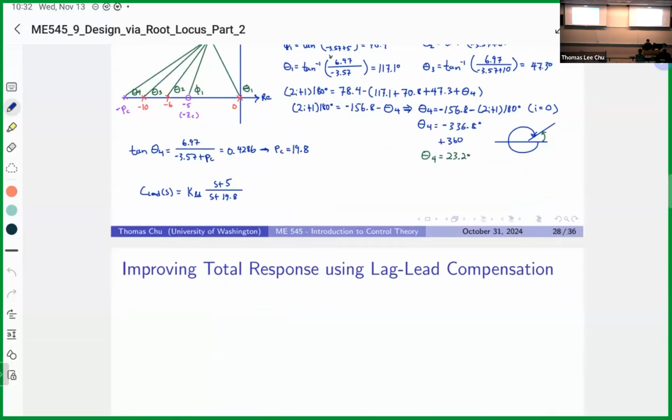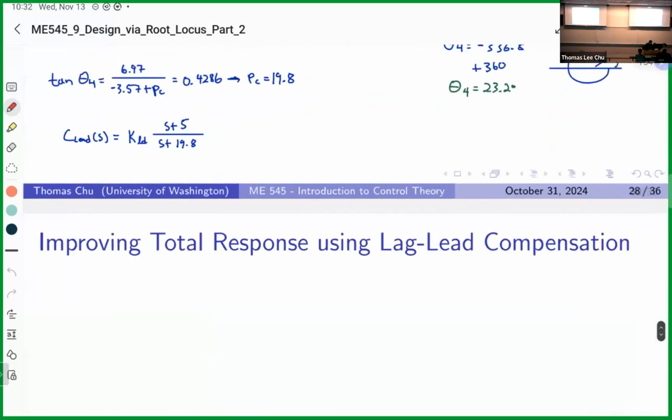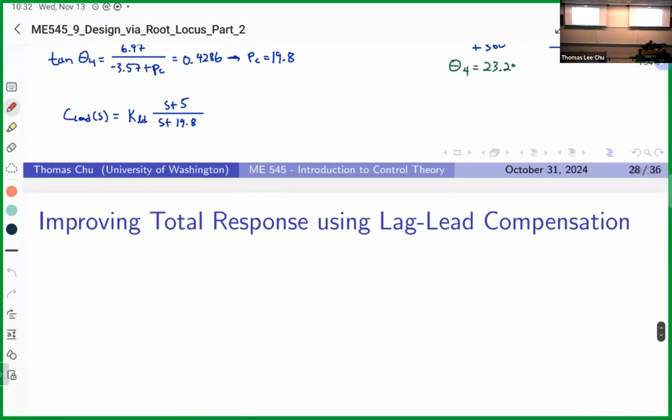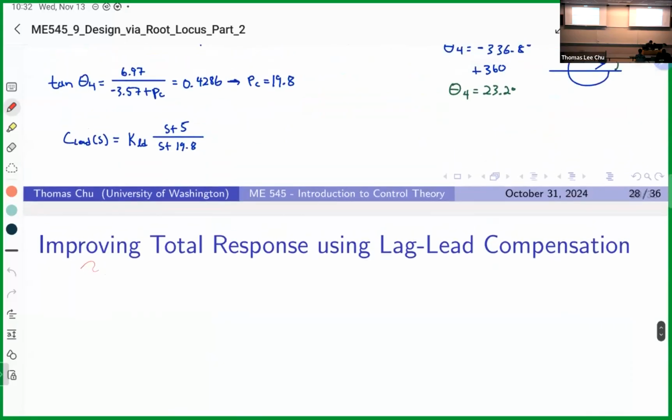Maybe I'll do this all at the end in MATLAB, where I would check if this design works, and I'll provide you the code for it after.